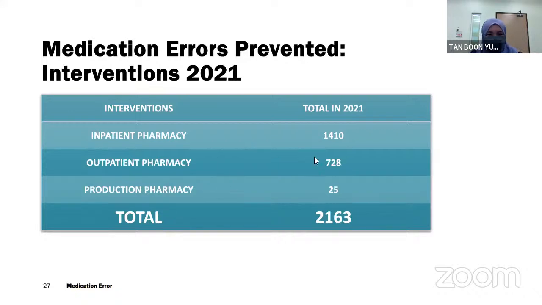Inpatient pharmacy is the highest one, 1,410, because we have pharmacists on call, we have PM shift pharmacists who work during the weekend also at night. So we have to intervene the doctor and confirm with the doctor. Doctors, you have to be genuinely grateful if the pharmacy staff call you, because sometimes the confirmation is required for the patient's care.